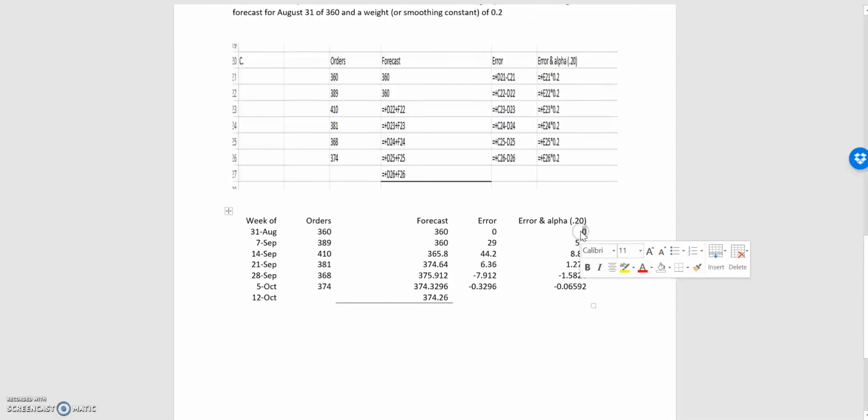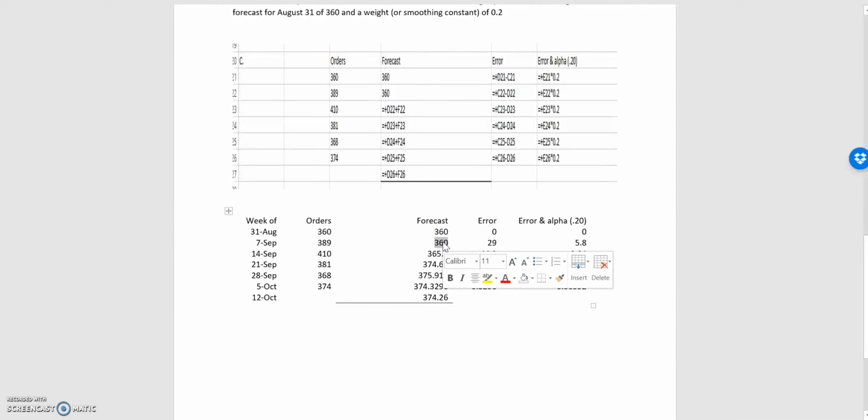We take whatever this number is and we drag it down and add it to our next forecast. Well, in this case, 0 plus our previous forecast of 360 gives us another forecast of 360. But we had 389 actual orders on that date.